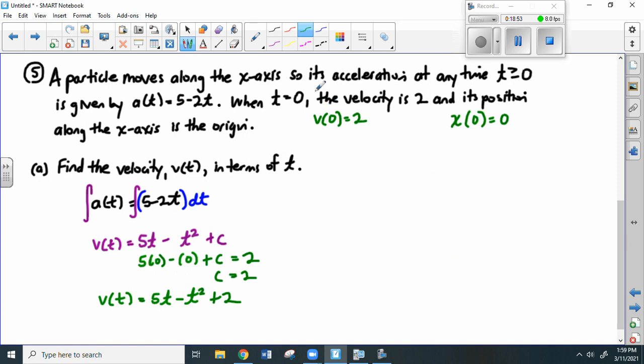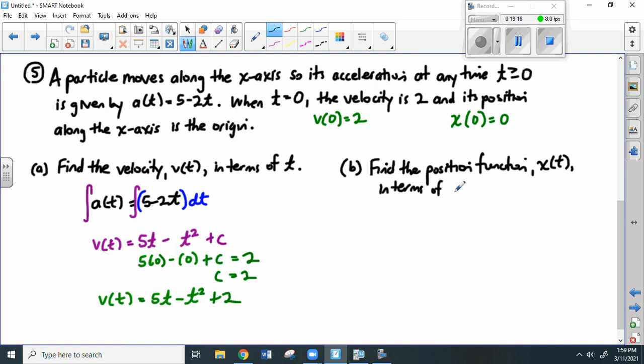Now, the next question I'm going to ask you, and just so I don't have to scroll down, I want us to find the position function, and I'm going to call it x of t in terms of t. All right, so what does that mean?